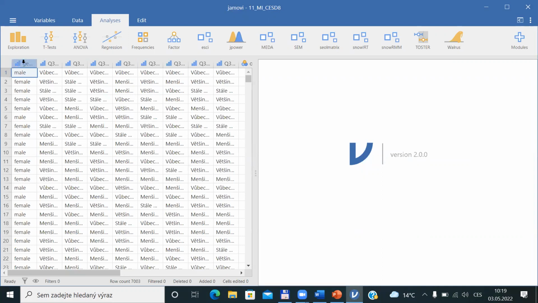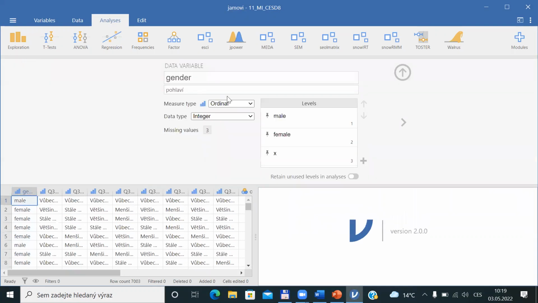So here it is. The first variable is gender. This is a variable which will be necessary for us for comparison of groups. I will only redefine correctly that this variable is not ordinal, but nominal.